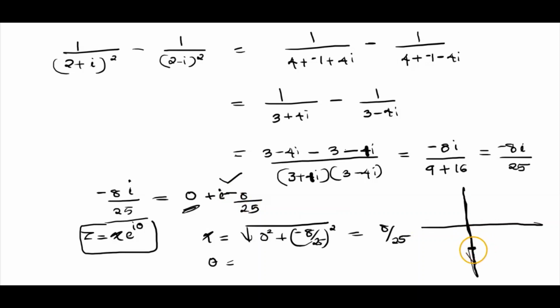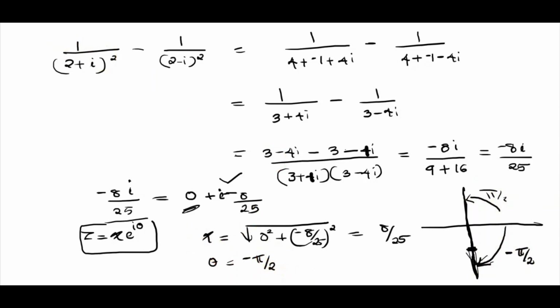For any point on the negative imaginary axis, the angle from 0 to here is measured clockwise. Pi by 2 or 90 degree is anticlockwise, and clockwise measurement is negative. So this angle is minus pi by 2.